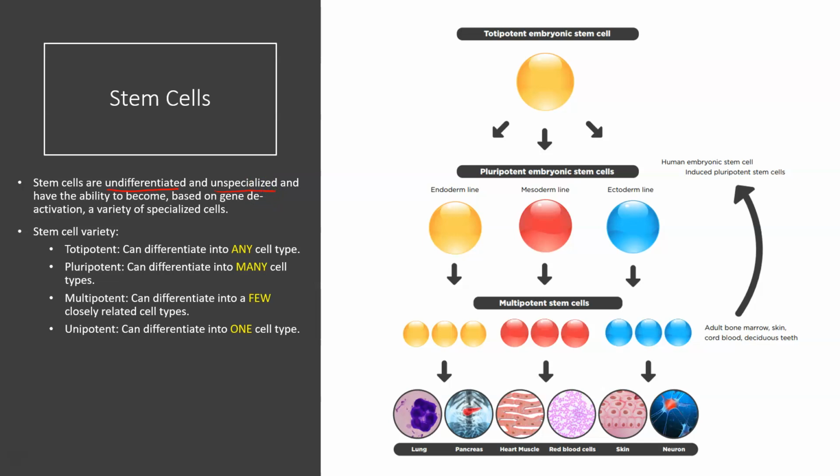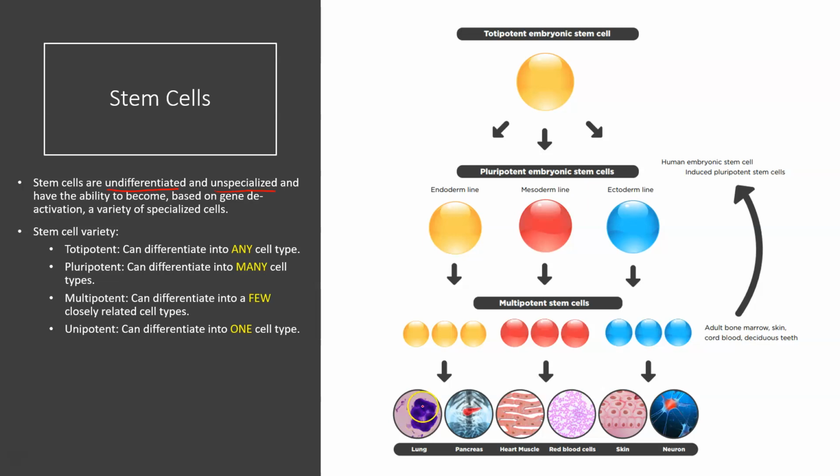And because they're undifferentiated and unspecialized, they have the ability to become a variety of specialized cells, right? You're basically taking the raw product, the raw reactant, and you're refining it through a series of reactions to produce a particular finished product that has a specific job and a specific structure that is well suited to do that specific function.